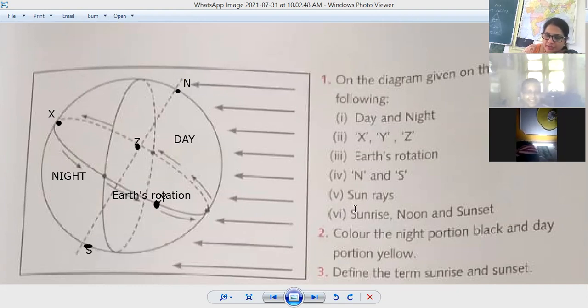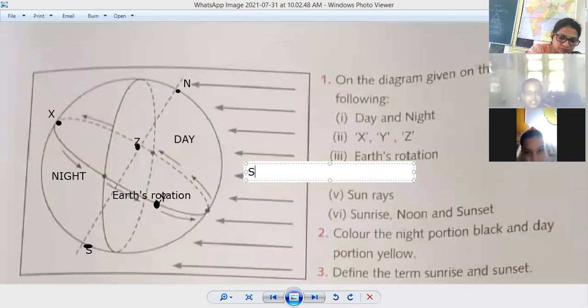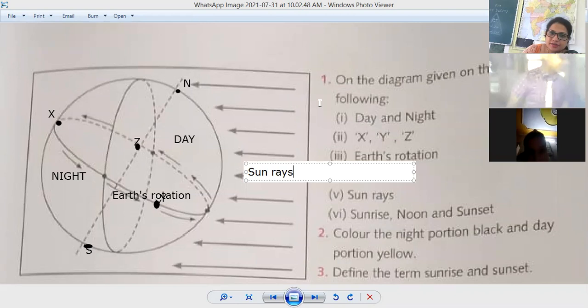Then sun rays. Here you write down these are sun rays. Sun rays.